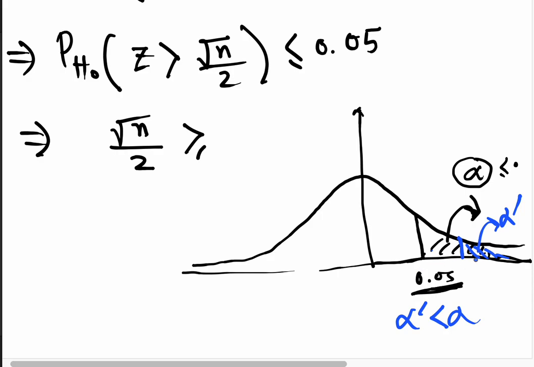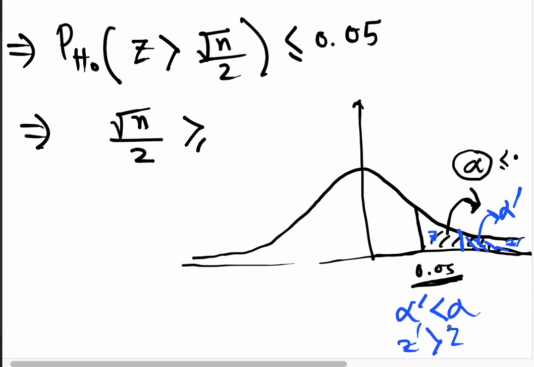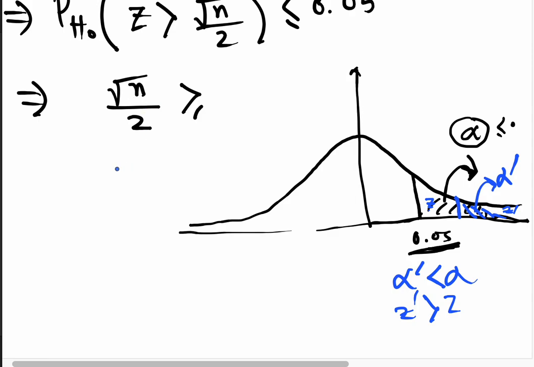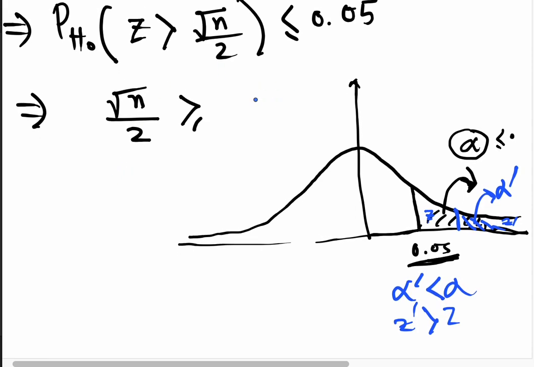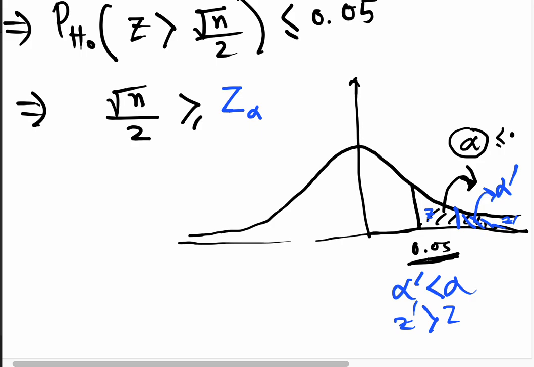Since it is on the right side, suppose a random variable z is here and z prime is here, then z prime actually has to be always greater than z. So that means root n by 2 has to be greater than the z alpha point. What is the z alpha?